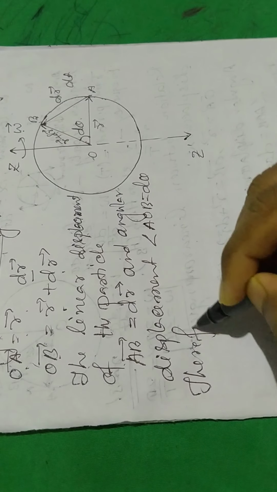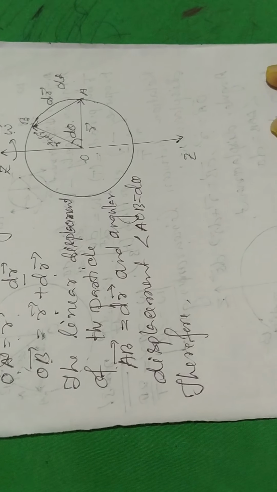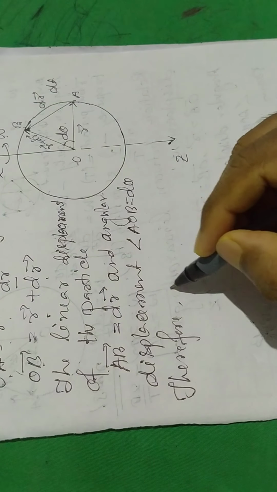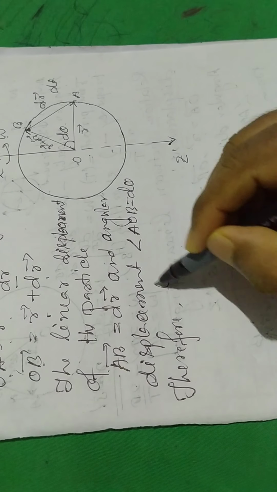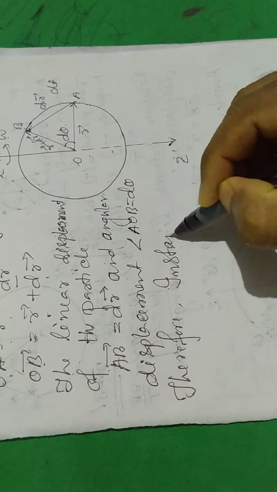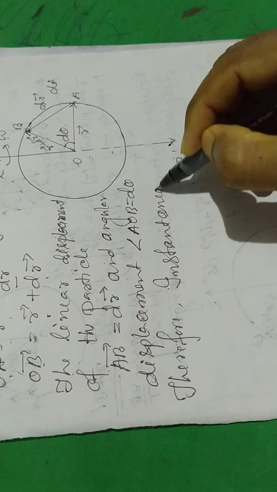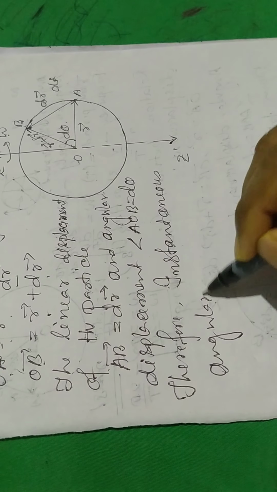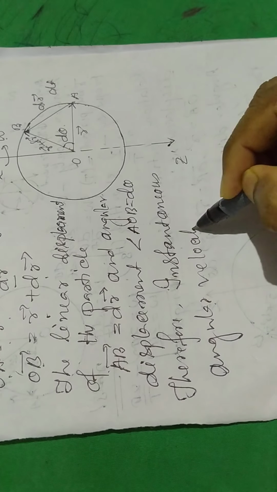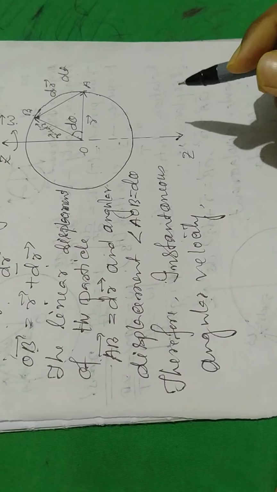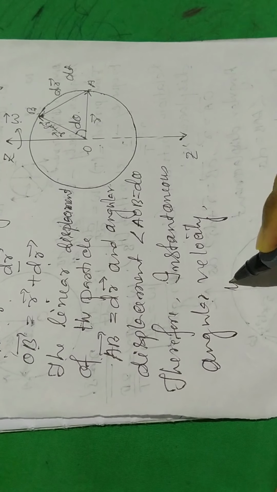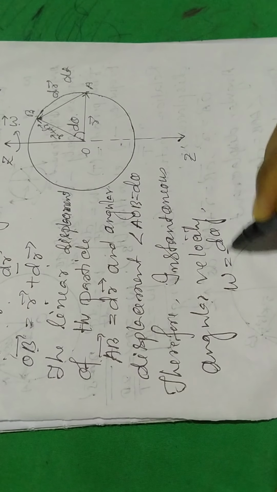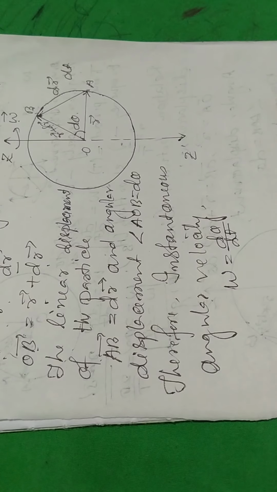Therefore, the instantaneous angular velocity, simply angular velocity, omega equal to d theta by dt.